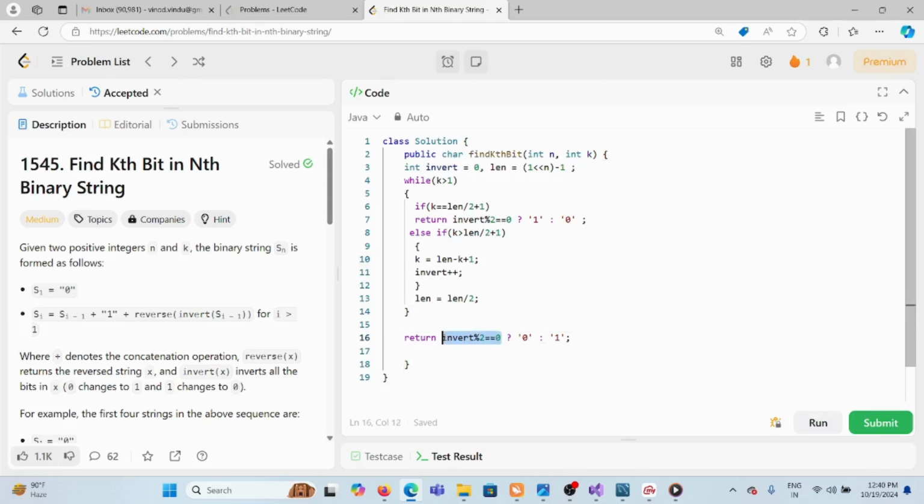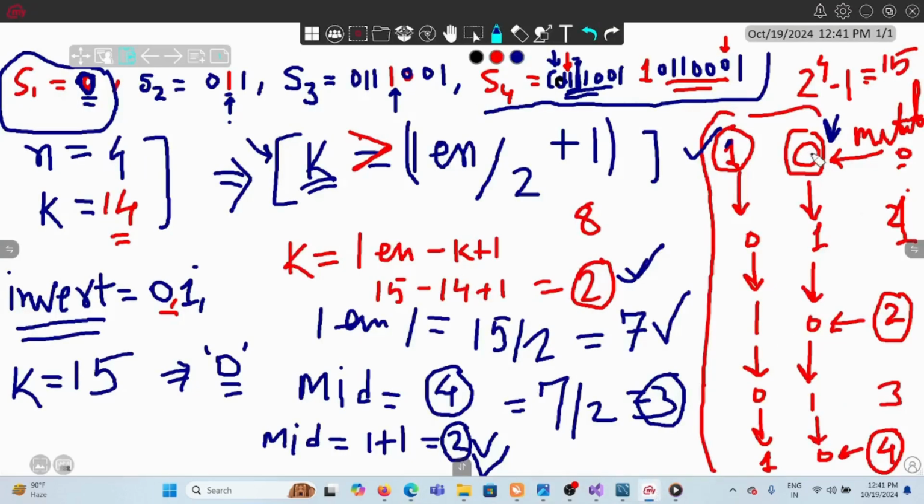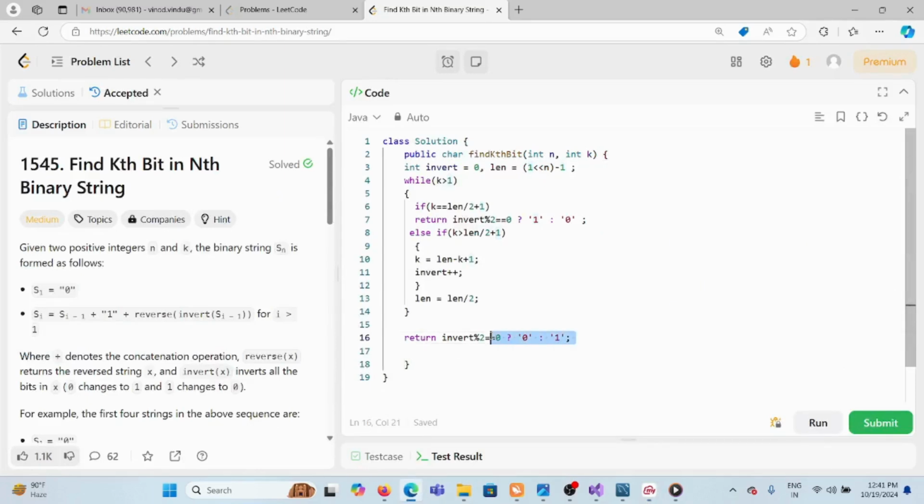If it came an even number of times, we are returning 0, because we already handled k greater than 1 here, but for k equal to 1, which means the very first string, which is 0, if invert came an even number of times, it would make 0 only, otherwise it would become 1. You can check it here. We started with the 0, right? So 0 1 0 1. So whenever we are coming out of the loop, that means we are anchoring for the 0 this time, because we are looking for the very first string.